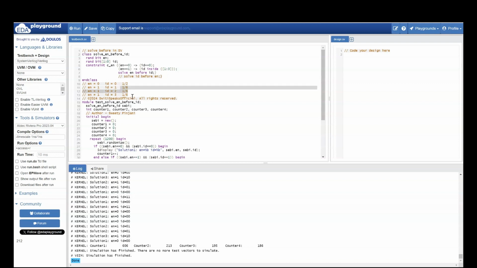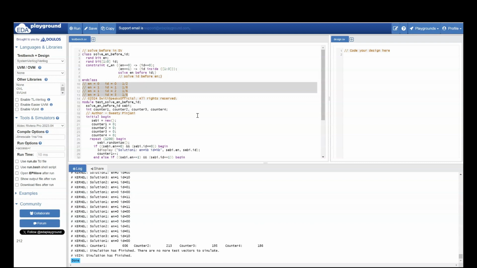The remaining values should get generated with probability 1/6. 1/6 of 1200 means 200. It means these three should roughly get generated 200 times. The first value got generated 213 times, next 195, and next 186, which is roughly 200. It means these probabilities are being followed.